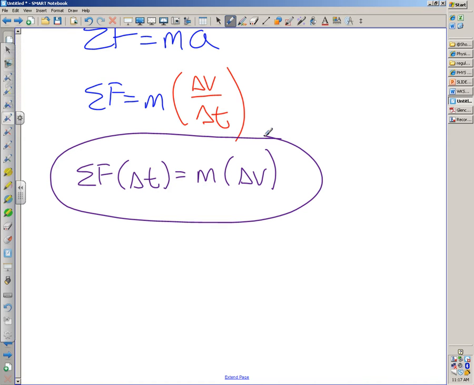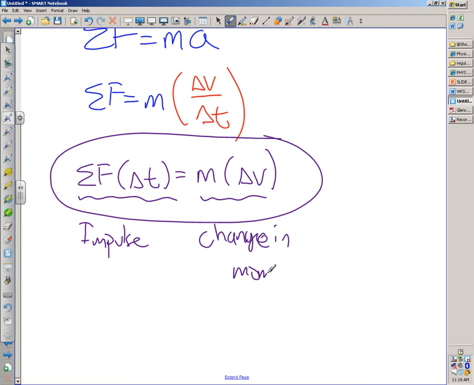This side of the equation we said was the impulse side. What is our definition of impulse? How did we define or explain impulse? What does impulse do for us? It causes a change in an object's momentum, which means that over here, this has to be change in momentum.